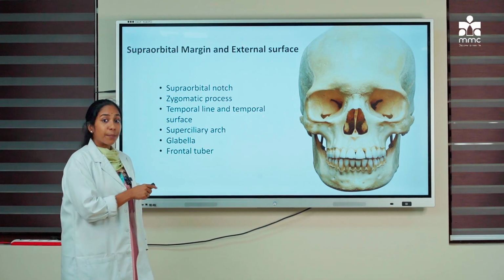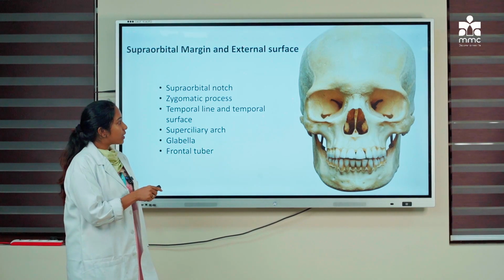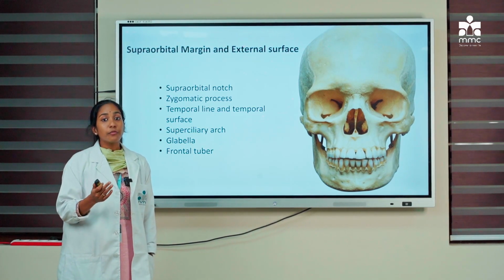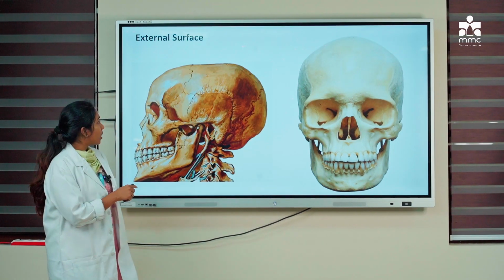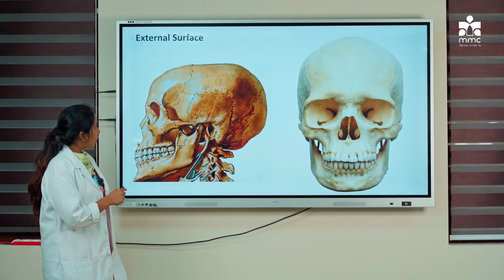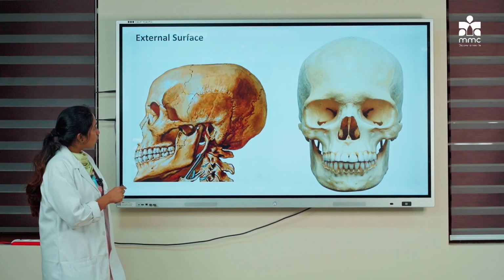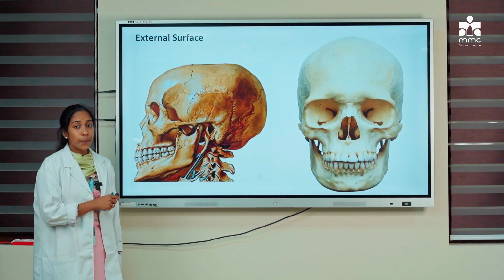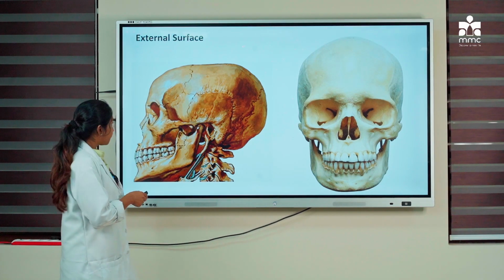The area below this temporal line in the frontal bone is called the temporal surface, and there is the attachment of the temporalis muscle. Here in this image we can see clearly the temporal line going posteriorly, and the area below it in the frontal bone is the temporal surface, which has the attachment of the temporalis muscle.